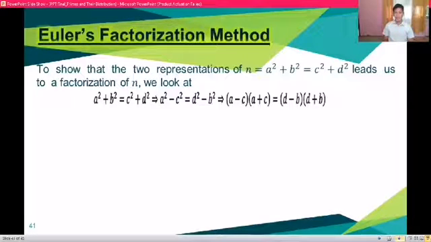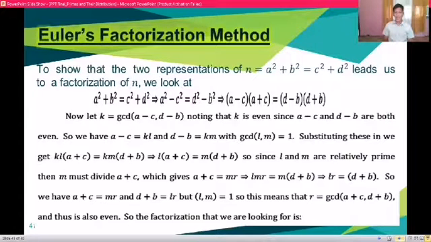Then we will substitute it into the formula of n, so that we can get the factors, two factors. Okay, so now let k be equal to the GCD of a minus c, comma, d minus b.